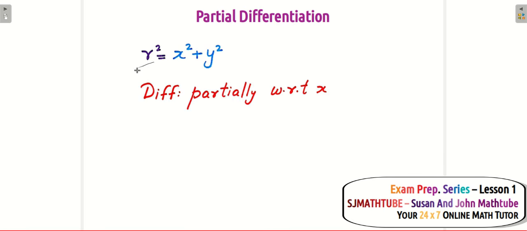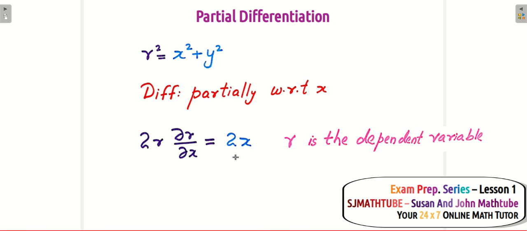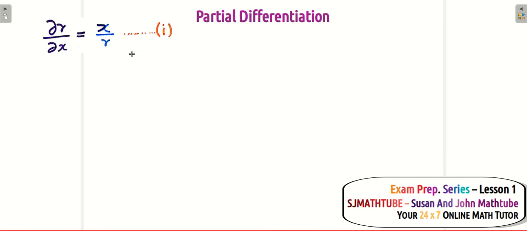So I hope you still didn't forget how to differentiate a dependent variable. So it's like 2r and the partial derivative of r is equal to 2x, cancelling 2 on both sides. Okay, so please note this point. And now the most important part, the second order derivative with respect to x.